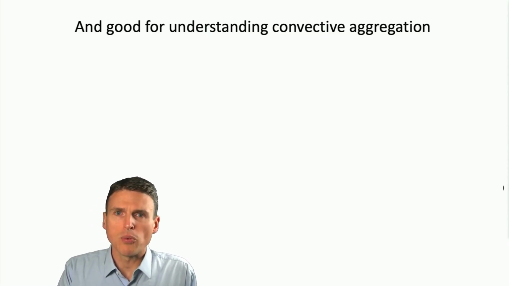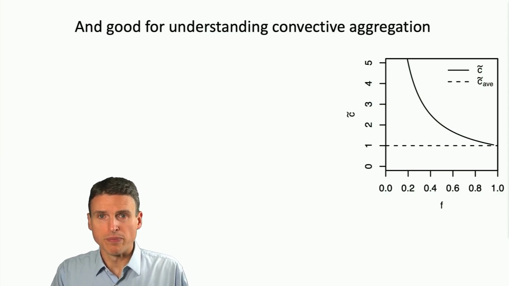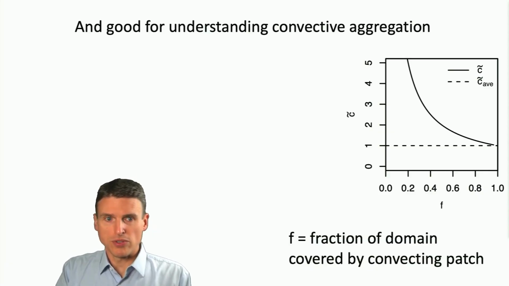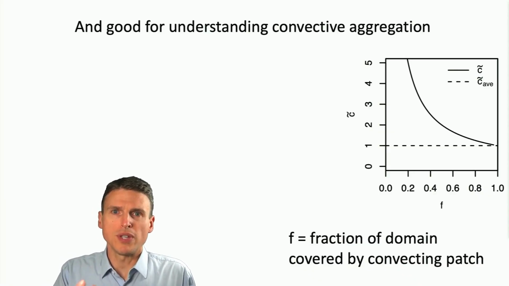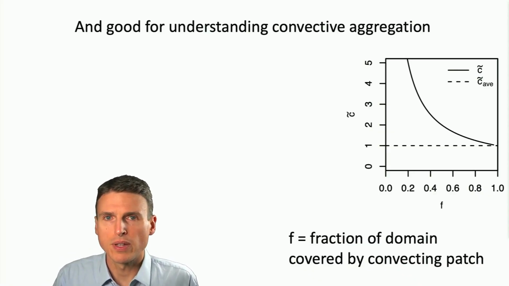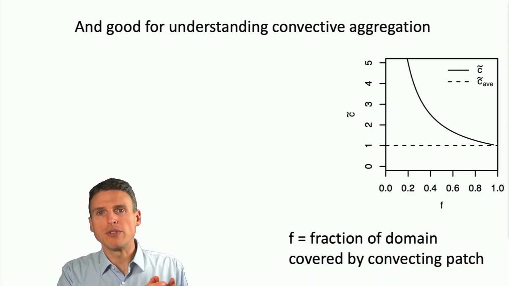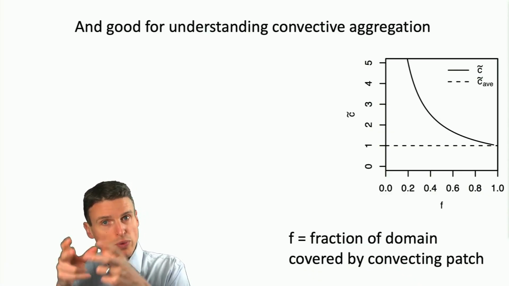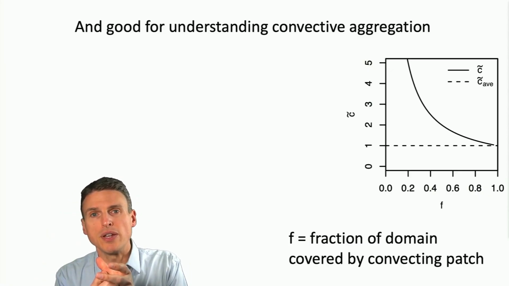So what I'm going to plot on here are plots like this one, where on the x-axis is this variable f, which is the fraction of the domain that is covered by the moist precipitating convecting patch. We'll use the analytic solutions that we've derived to describe that convecting patch, which within it has convection rising up and environmental air sinking within it.